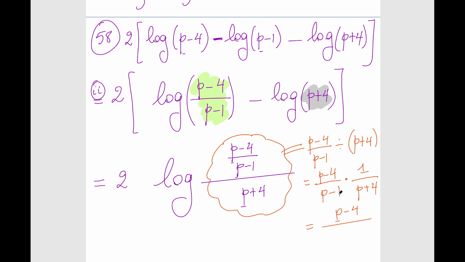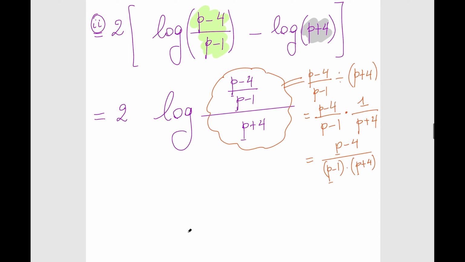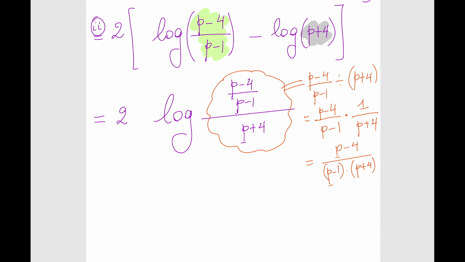And p minus 1 times p plus 4 is p minus 1 times p plus 4. Okay, so this bubble is exactly this. So what do we get? We get 2 times log base 10 still of the quotient p minus 4 divided by p minus 1 times p plus 4.